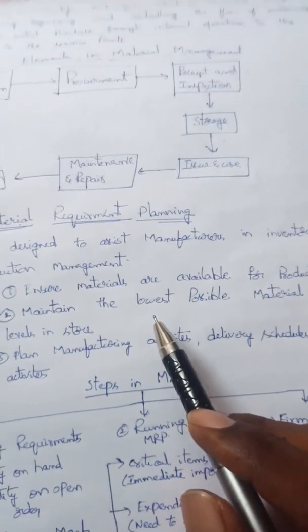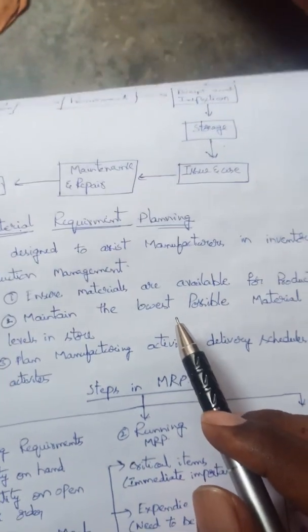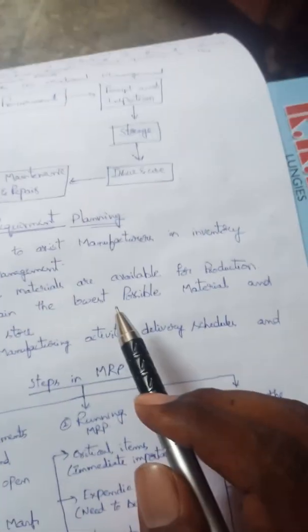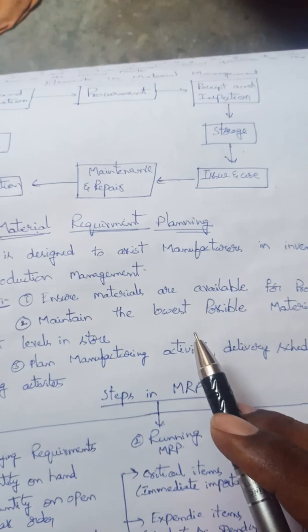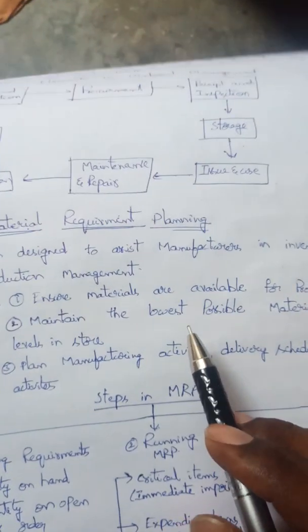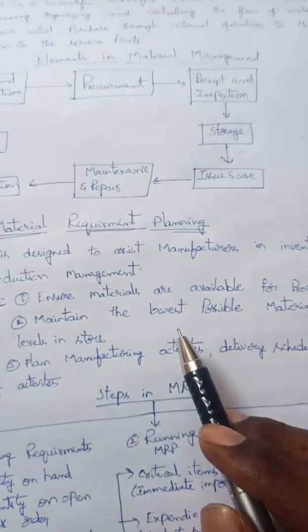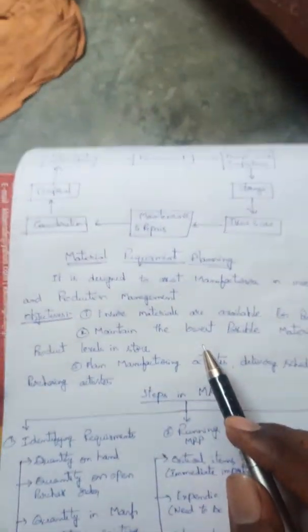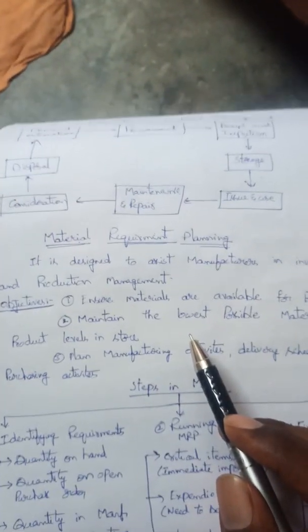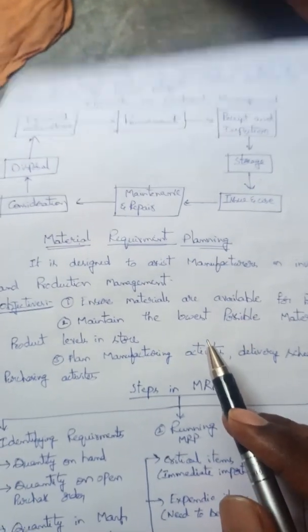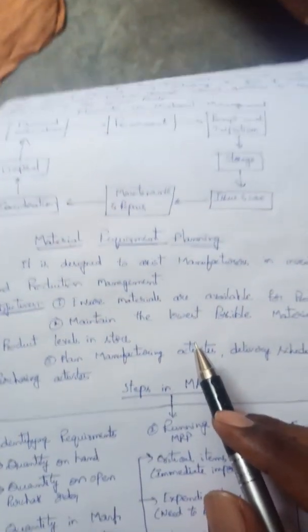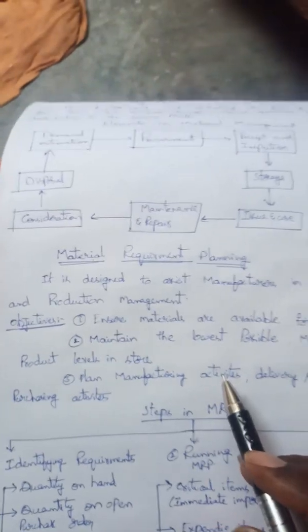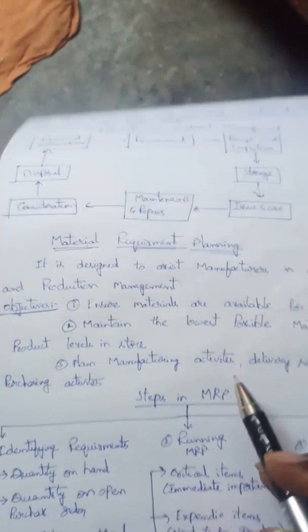Then the next objective is identifying the lowest possible cost of raw materials handling. Okay, already discussed in the first unit the importance of EOQ, the importance of different inventory levels. Then the manufacturer should identify the minimum possible supplier prices. Okay, they can identify the lowest possible pricing of suppliers.